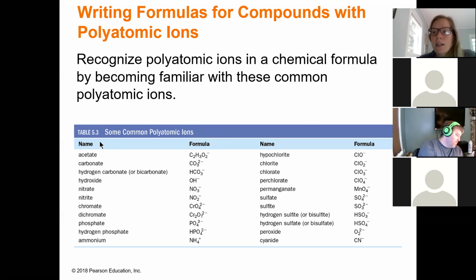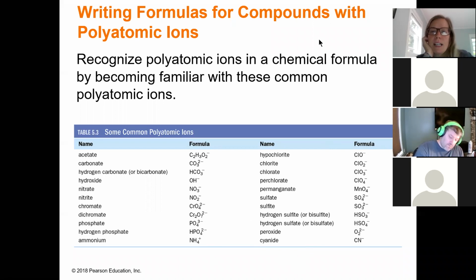Anytime you're working on one of these naming things and it's not following the system or you're having trouble figuring it out, it's probably a polyatomic ion. That's the problem. So some of the polyatomic ions that we see quite often are here on this list. Are there more than this? Yes, there's definitely more polyatomic ions than this.